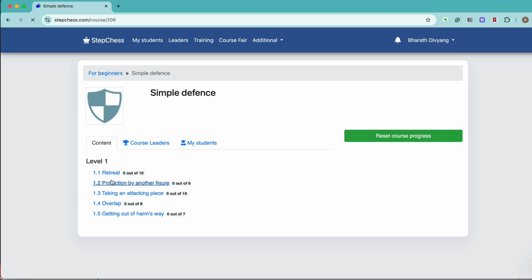Okay, now defense you can think of as retreat, protection, taking the attack piece, overlap, getting out of harm's way. In other words, this is what we call a skill: taking the attacking piece; escape, which is either retreat or getting out of harm's way; block, which is, my guess, overlap; and the S is basically support, which is protection from another figure.